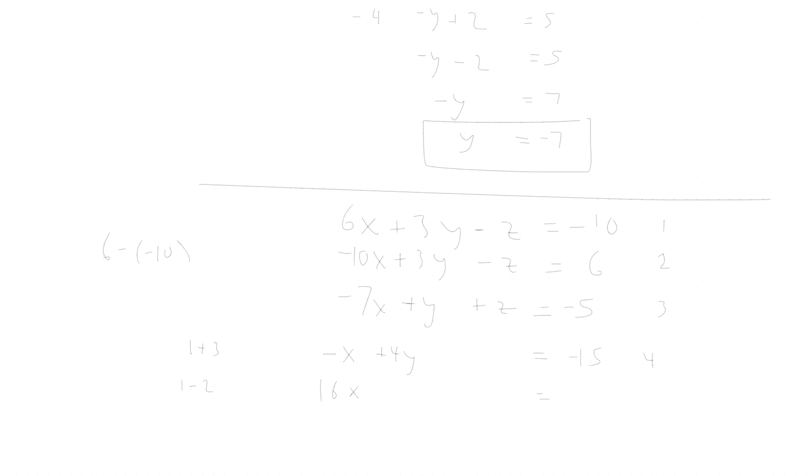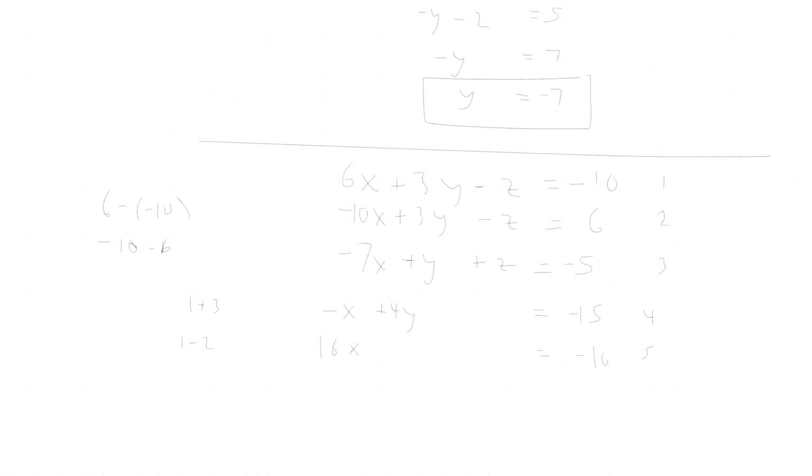What's -10 minus 6? -10 minus 6 is -16. Yep, -16. So that's equation 5. So from equation 5, we know that x equals -1. There's your x.